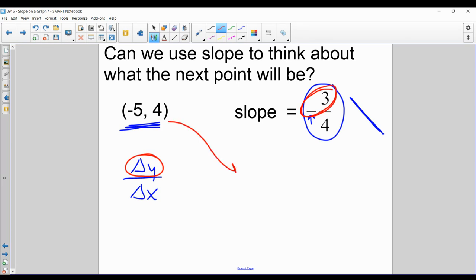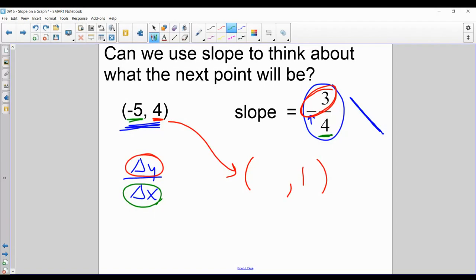If I take this point, my y value has to go down by 3. So 4 minus 3 is going to be 1. My change in x is on the bottom of our slope fraction, so it's going to go up 4.